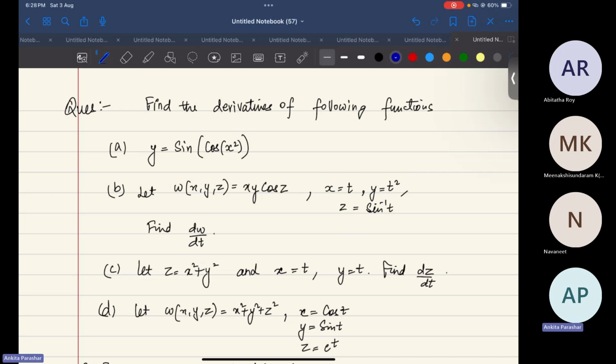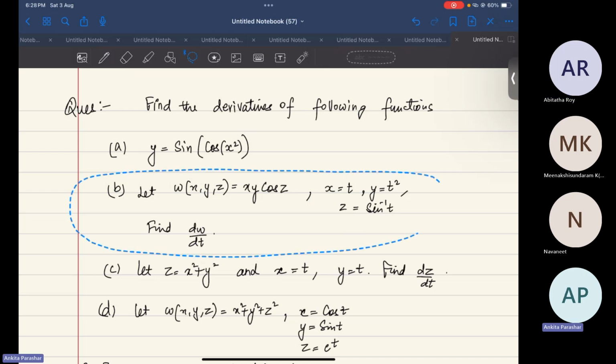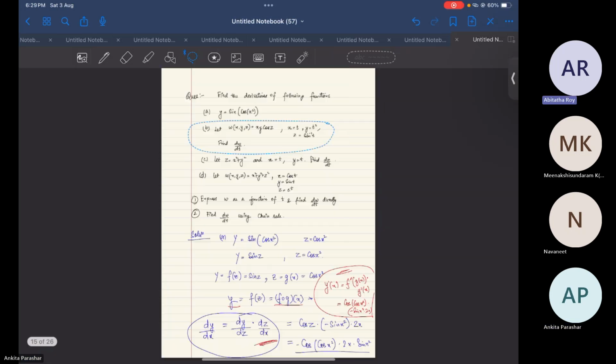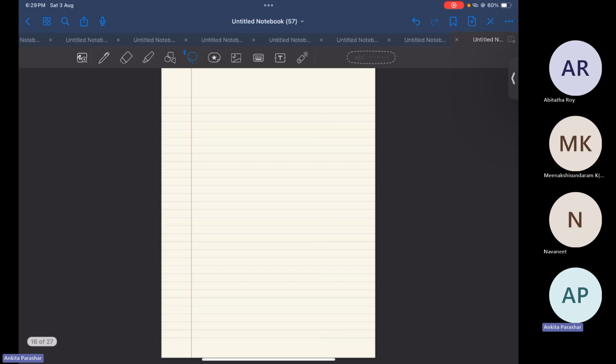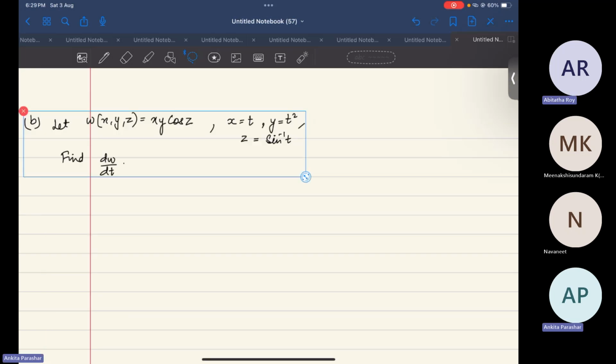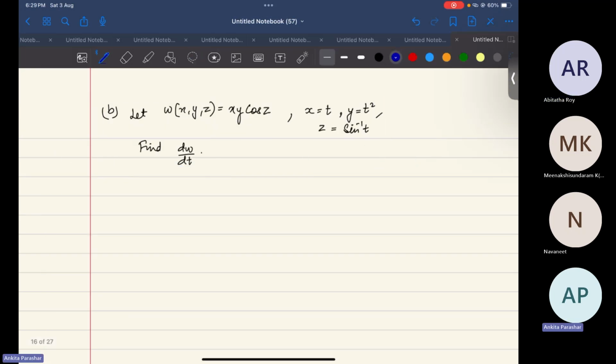Let me try writing it the way you are suggesting. So w is a function of x, y, z, but I can also write it as a function of t, as t cos sine inverse.